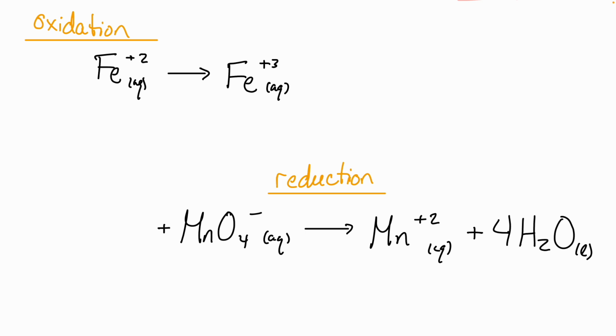All right, which side do I add my hydrogen ions? The reactant side. And how many am I going to add? 8. Because each water molecule contains 2. And my hydrogen ion state of matter is aqueous. They are floating around in this aqueous solution.